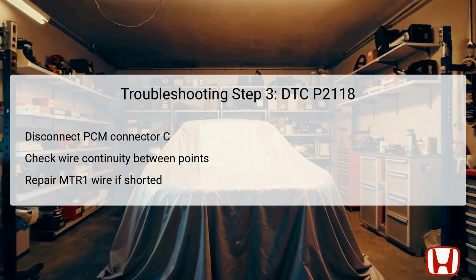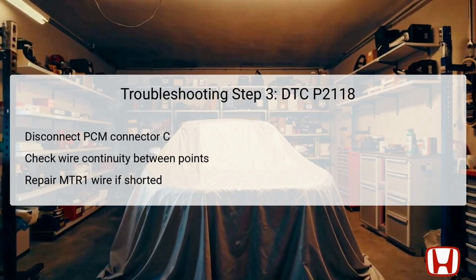The idea behind this test is to ensure that both wires are intact and not creating a short. The condition will confirm whether there is a short present between the MTR1 line and MTR2 line through the throttle body circuit. If a short is detected, it is essential to repair the MTR1 wire immediately, as it could be causing the performance issues flagged by DTC P2118.